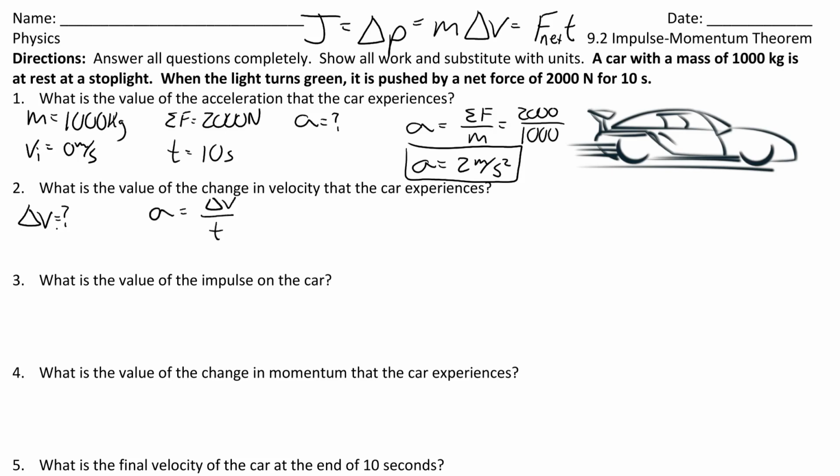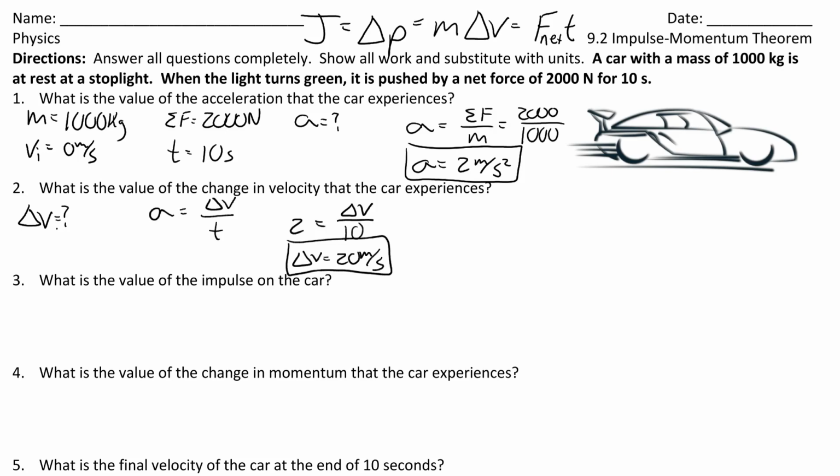Actually, that's probably the best way to do it. So the acceleration is equal to 2 meters per second squared. That's equal to the change in the velocity over the time, which is 10 seconds. So you change your velocity by a value of 20 meters per second. So that's the answer.